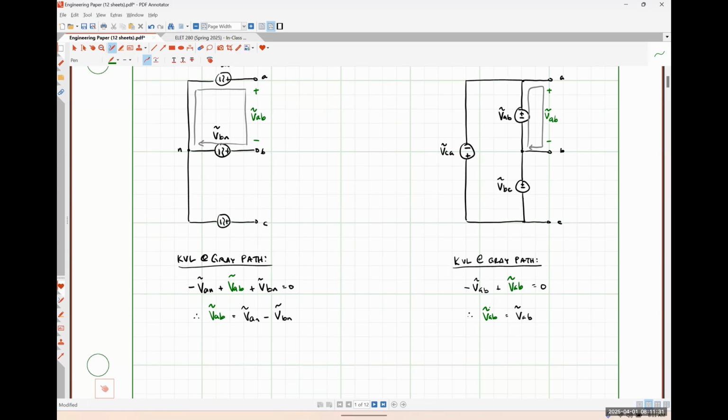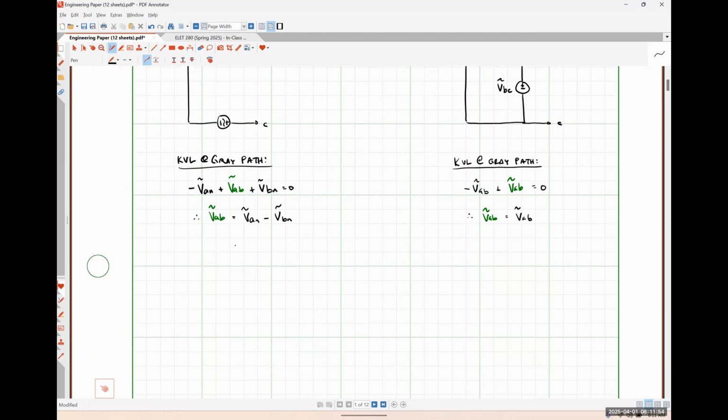So we actually already learned this transformation at the end of our last class meeting, right? So I can express VAN and VBN in terms of the same voltage because we know that in a balanced system, VBN is just VAN times 1 angle negative 120 degrees, right?